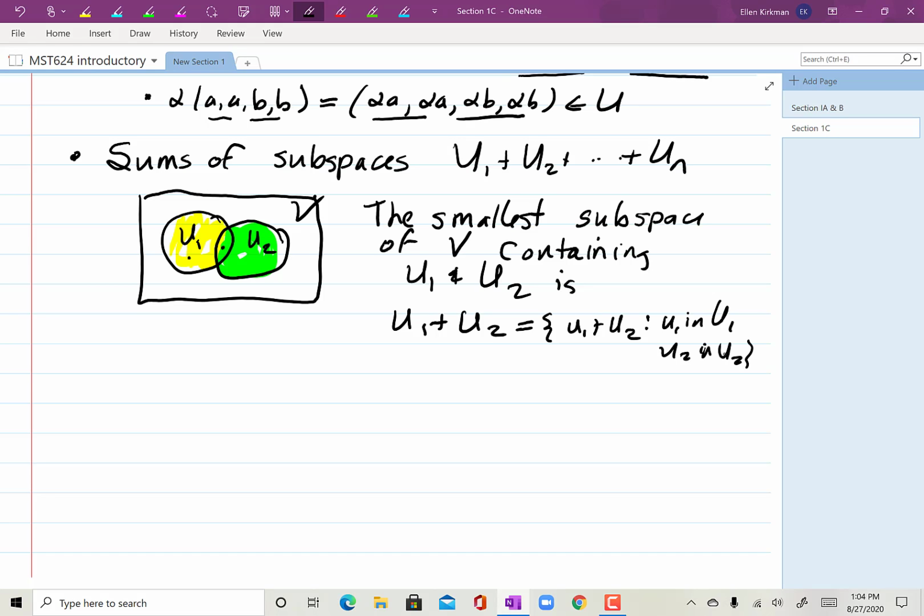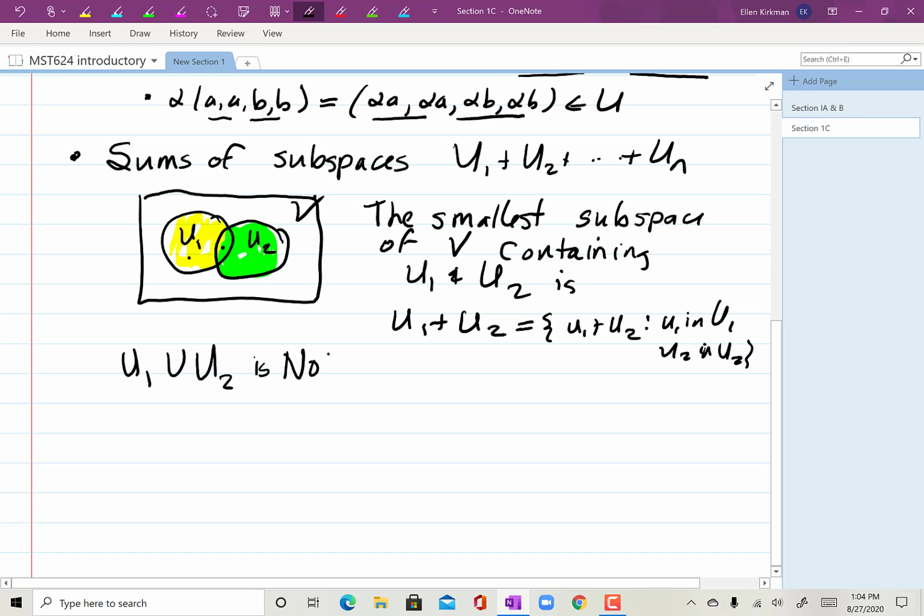So notice that the union is not a subspace in general. So this sum is like the analog of a union, but for vector spaces.